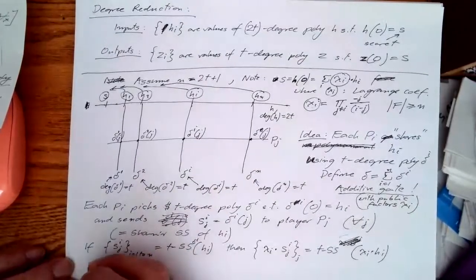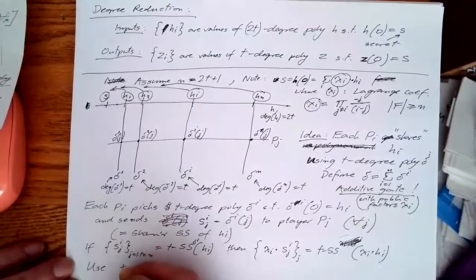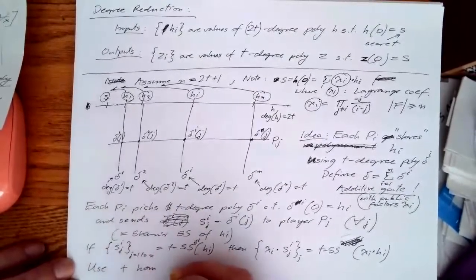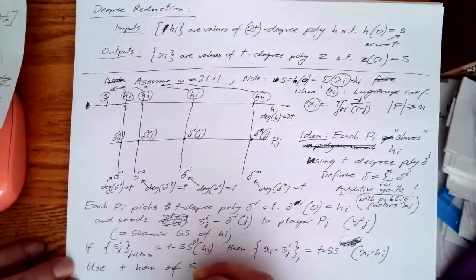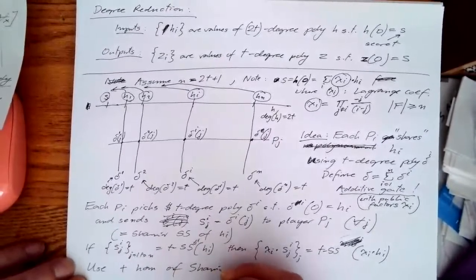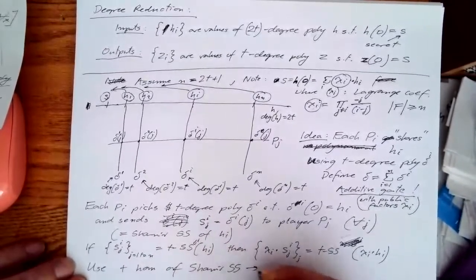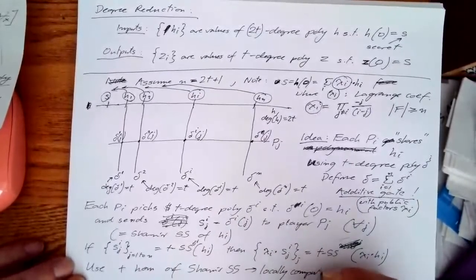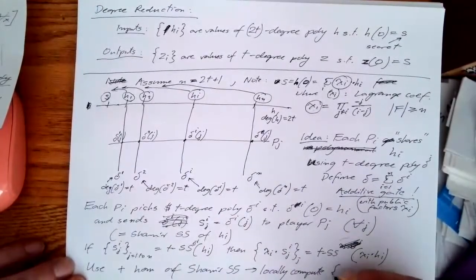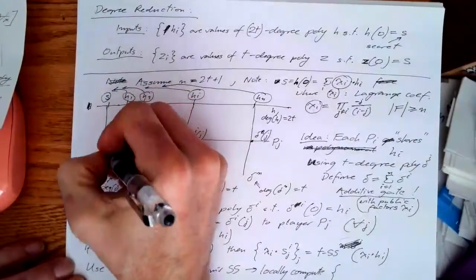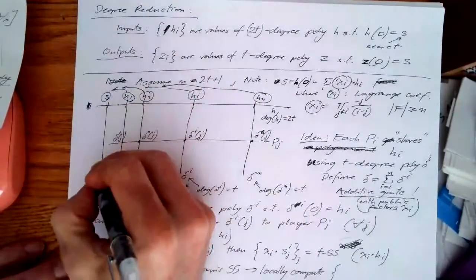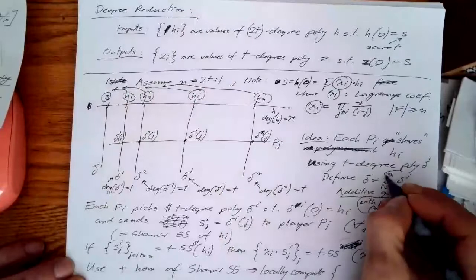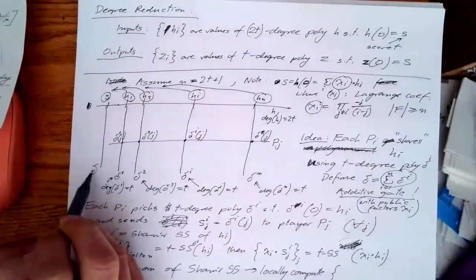And now use the additive homomorphism of Shamir secret sharing to locally compute the sharing of this summation polynomial delta.